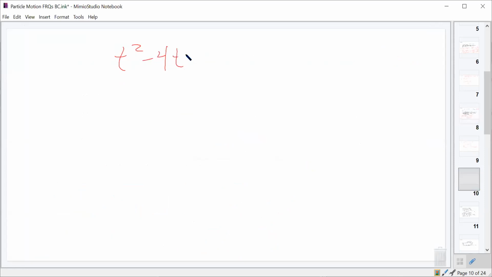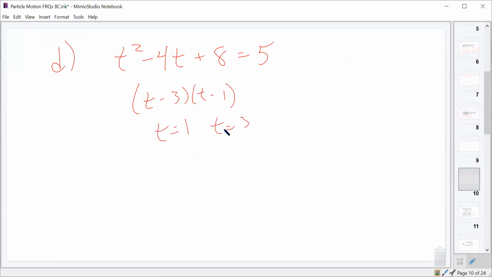Set t squared minus 4t plus 8 equal to 5 and solve. This becomes t squared minus 4t plus 3, so (t minus 3)(t minus 1), t equals 1, t equals 3 for part 1. That was worth 1 point.